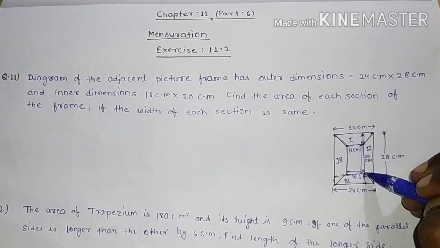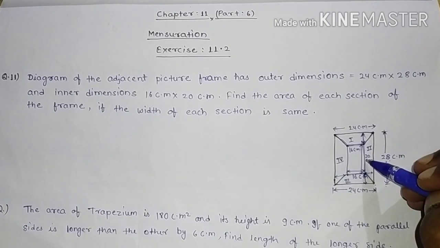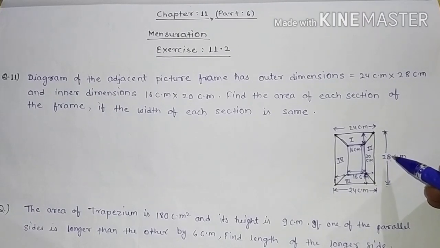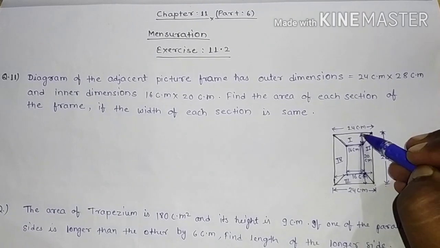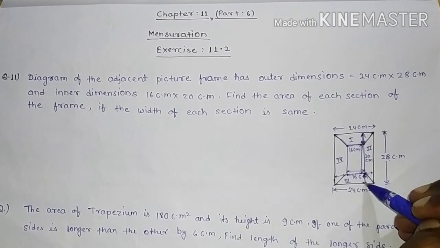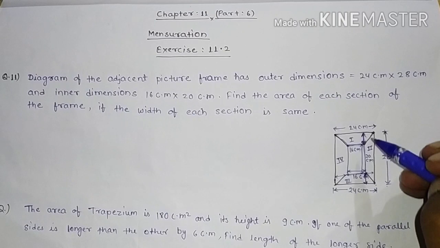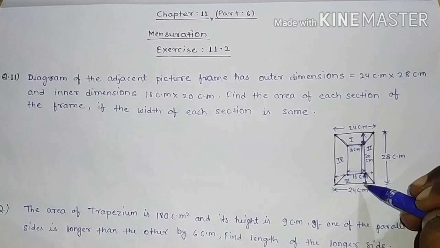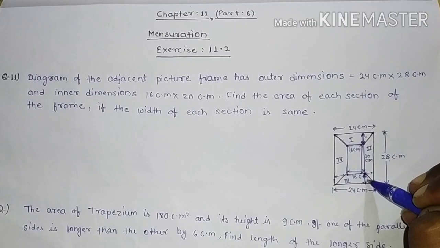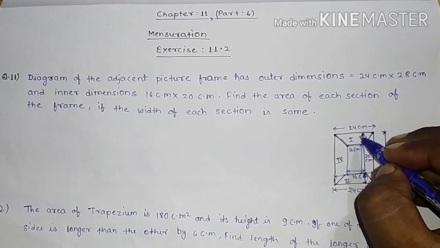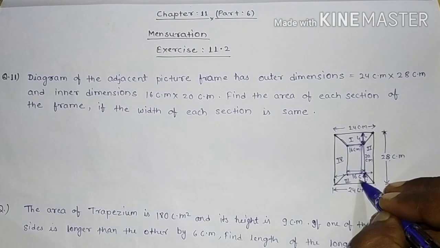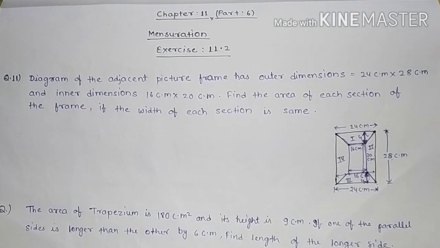If we subtract 20 from 28, what will be left? 28 minus 20, that is 8 centimeter. So the total of this width and this width will be 8 centimeter, and each width is equal. That means it will be 4 centimeter and this will also be 4 centimeter. Okay. Now this is 4 centimeter and this will also be 4 centimeter width here.